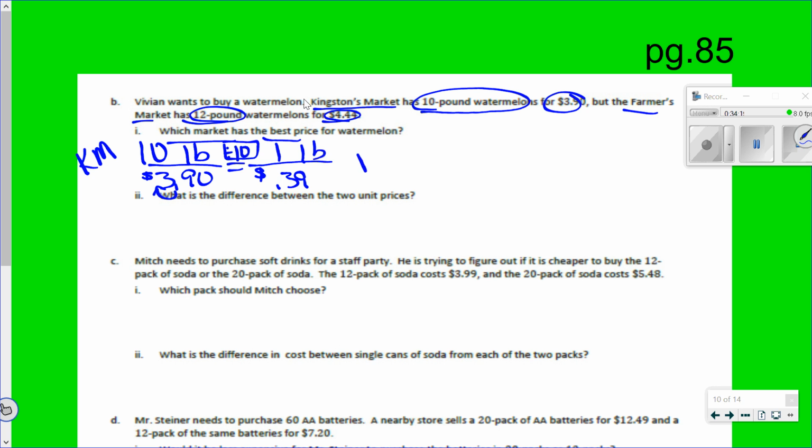What about the Farmer's Market? What is my rate for that one, Monty? Do what? 12 and 444, is that my rate?